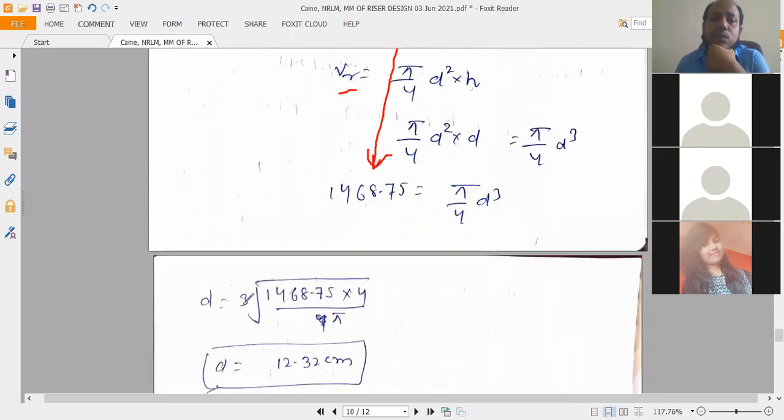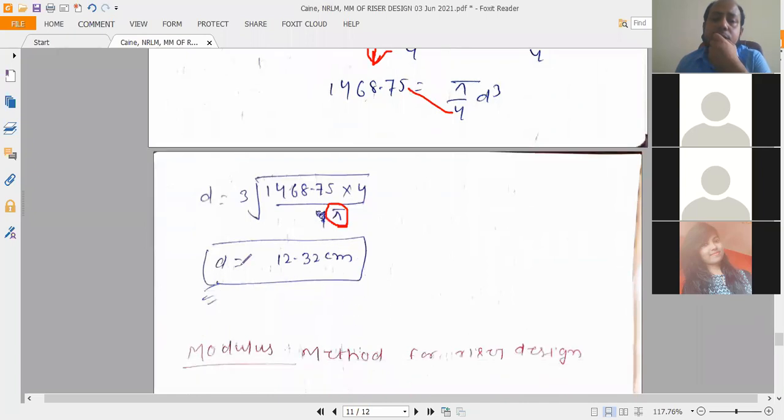Now d will be equal to 1468.75 into 4 divided by pi, cube root. So d is equal to 12.32 centimeter.